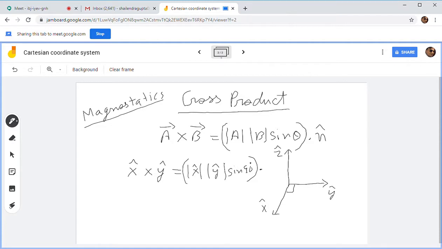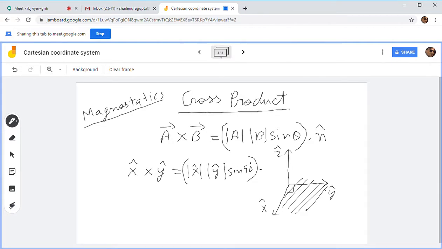So the vector which is perpendicular to both x and y will be perpendicular to this xy plane. This is your xy plane, and the vector which is perpendicular to this will come out as the normal component.